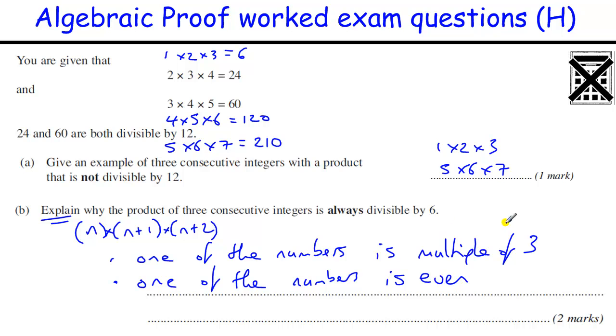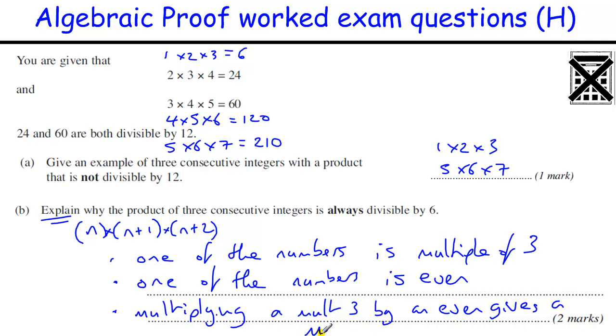Again, every other number is even, so in 3 consecutive numbers at least one of them is even, and multiplying a multiple of 3 by an even gives a multiple of 6, and that should be enough.